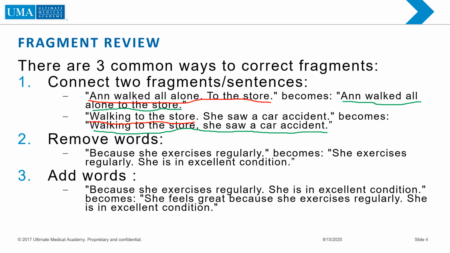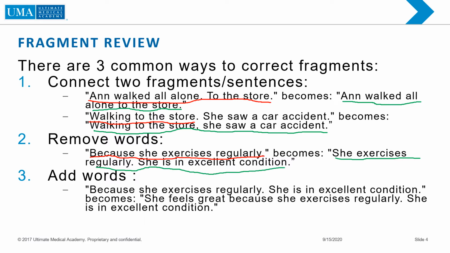Alright, now number two, remove words. Because she exercises regularly, which is a fragment, so I'm going to underline the fragment. Okay, and I'm going to change it to an independent clause in a sentence. So she exercises regularly. She is in excellent condition.